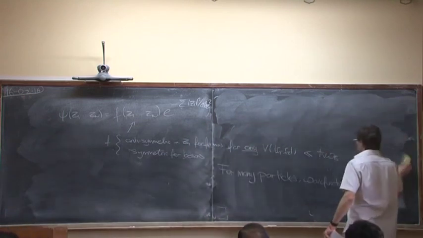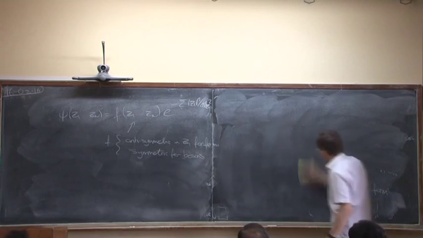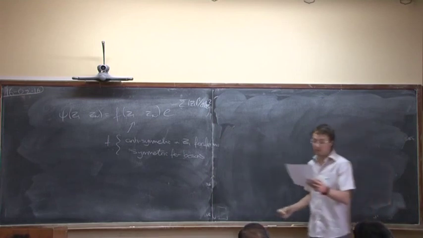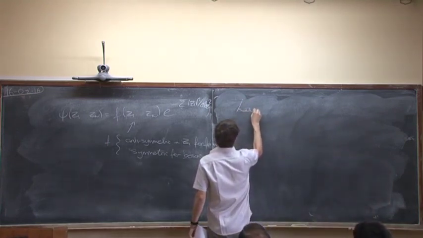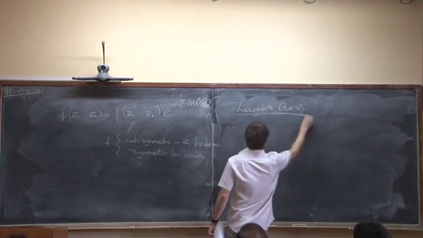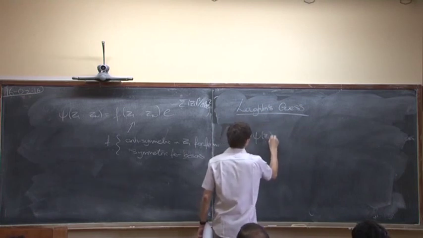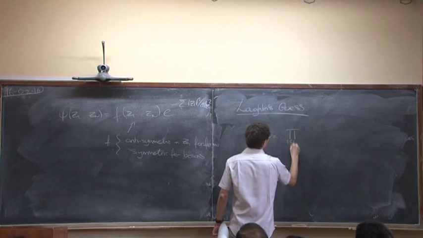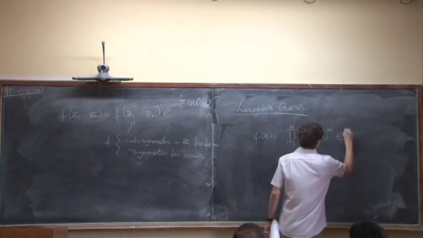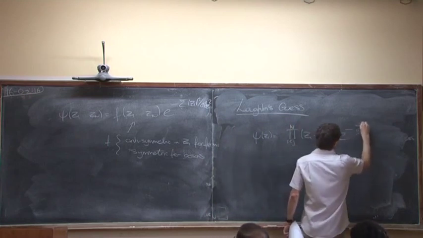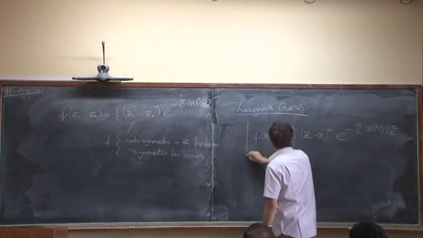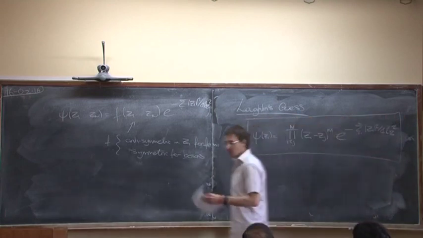So based on this intuition, and not too much more, Laughlin just guessed the answer. This is Laughlin's guess. So for N particles, this is the Laughlin wave function.